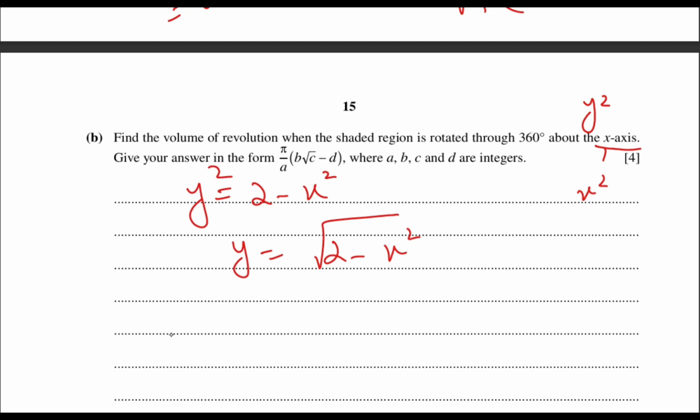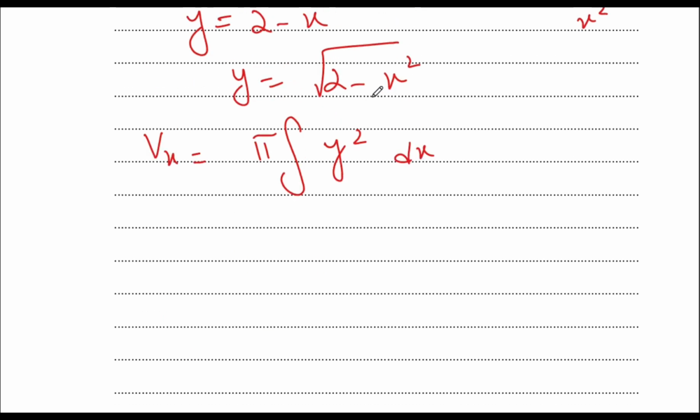Now the volume Vx is equal to pi times the integral of y squared dx, according to the formula. If we take the square of this term, the square root is cancelled out, so we simply have pi times the integral of 2 minus x squared dx.